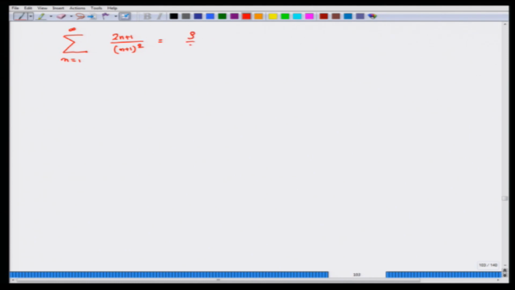So, it is 3 by 4 plus 5 by 9 plus 7 by 16 plus. It does not seem on the very look of it that it might converge.